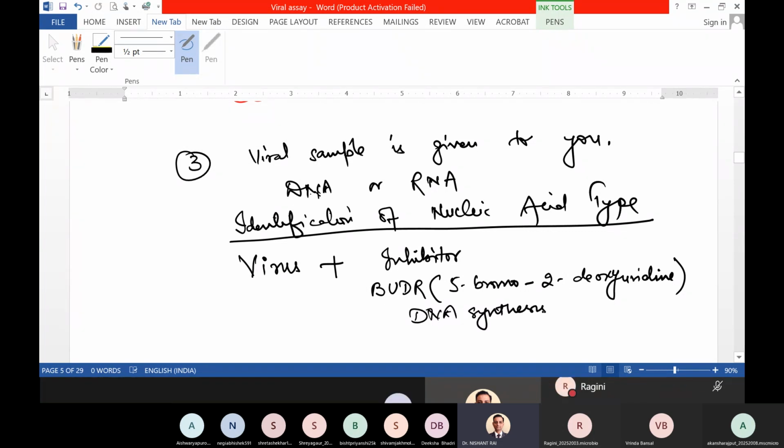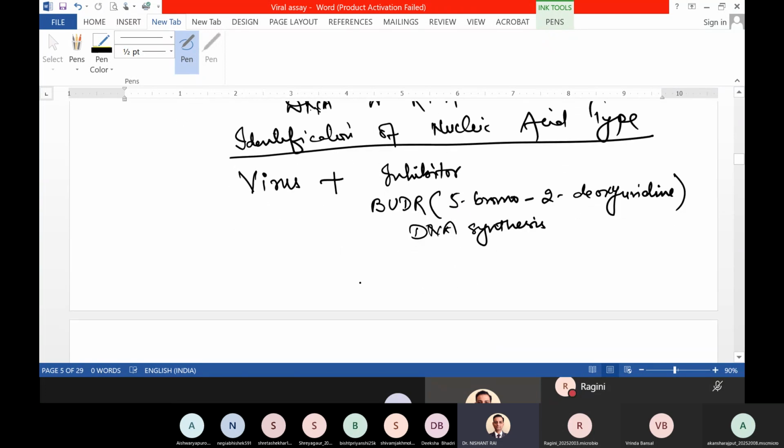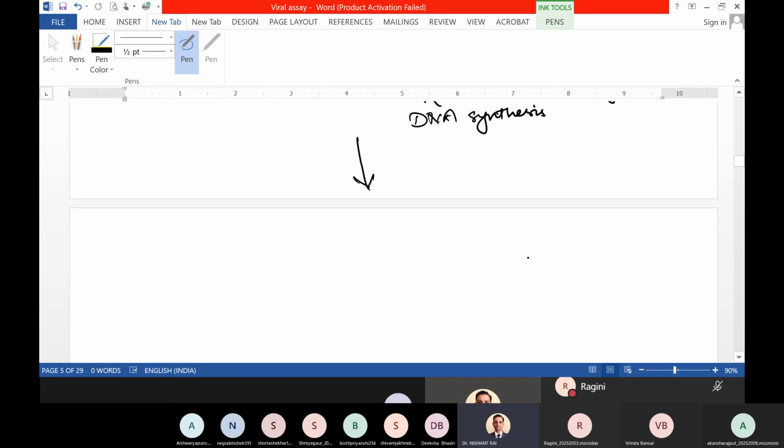So it inhibits the synthesis of DNA. Maybe you know the DNA nucleotides are adenine, guanine, thymine, cytosine. They are synthesized by two pathways: the de novo pathway and the salvage pathway. So if we use an inhibitor which inhibits DNA synthesis, now what will happen? Here you have taken an inhibitor which will inhibit DNA, but you don't know whether the virus is DNA containing or RNA containing.